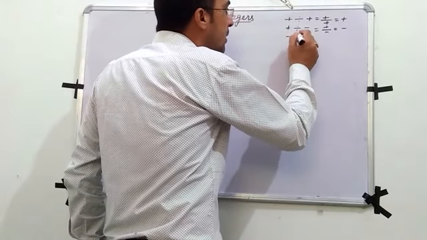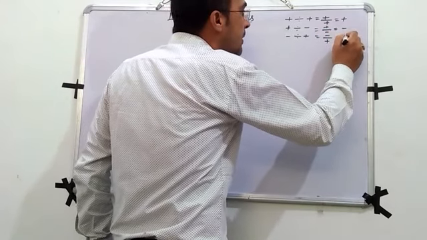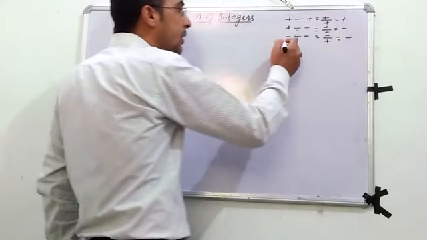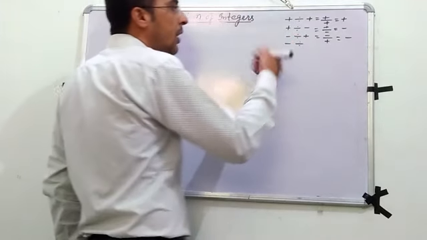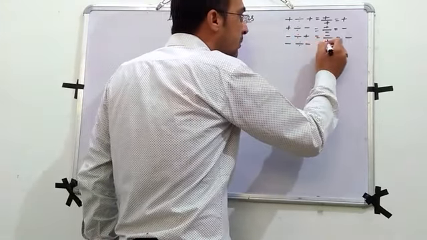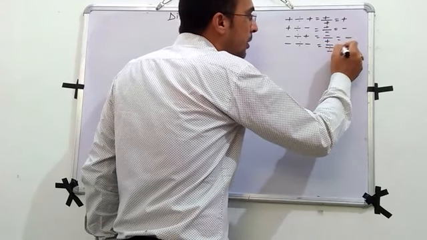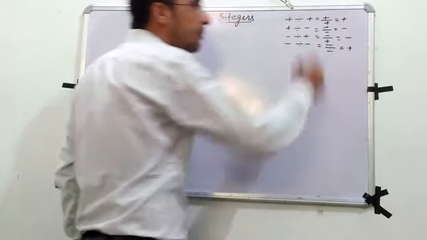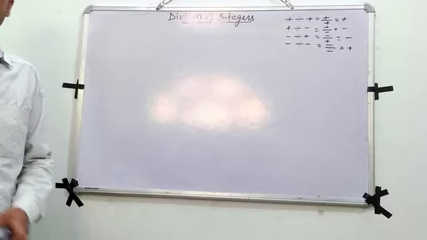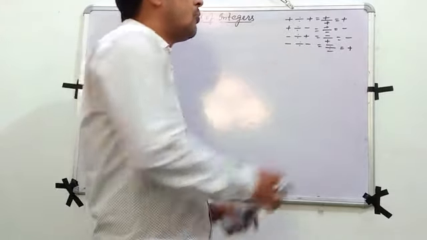Minus divided by plus is always minus. And if the sign is minus and it is divided by minus, minus divided by minus will equal to minus, sorry, plus. Is it clear? So we have to follow this rule.